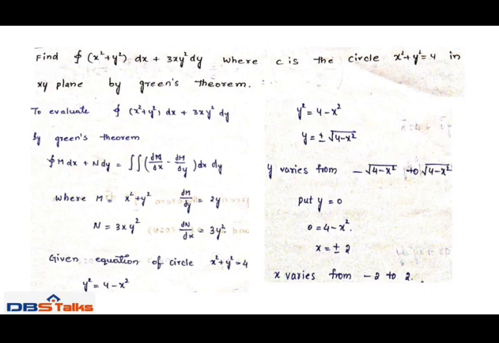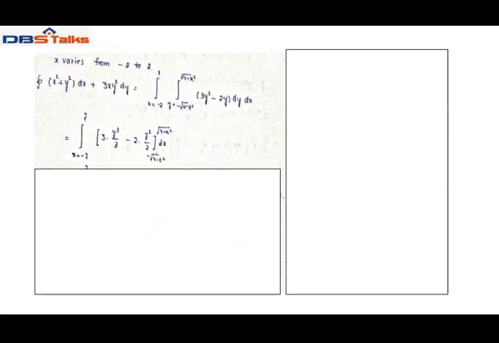That means y limits are −√(4 − x²) to √(4 − x²). Next we find the x limits. Put y = 0 in the above equation: 0 = 4 − x², so x² = 4, x = ±2. So x limits are −2 to 2.